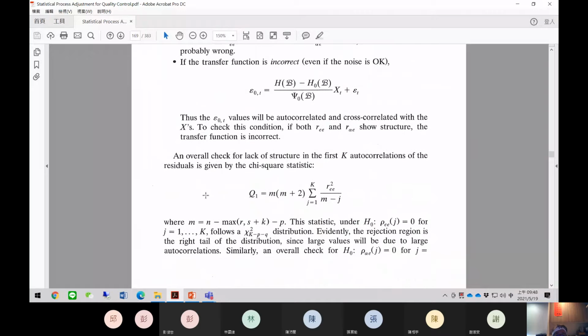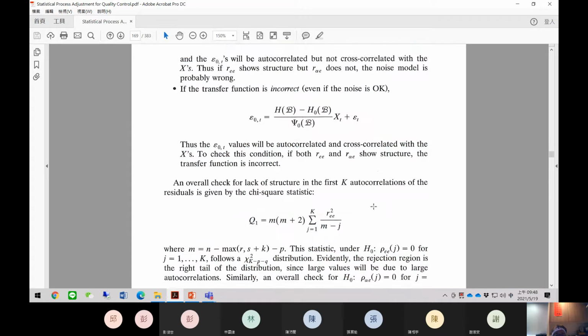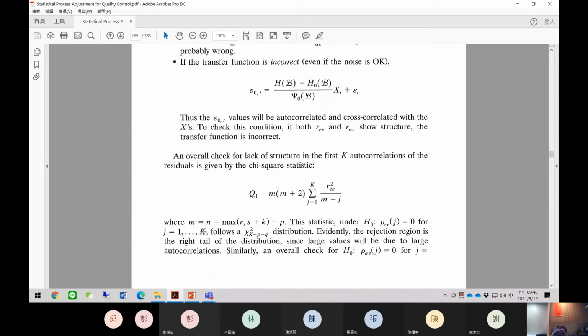So an overall check for lack of structure in the first K autocorrelations of the residual is given by this one. Where n is the total observations minus the maximum of R, S plus K minus P, and P is the number of parameters in the model.